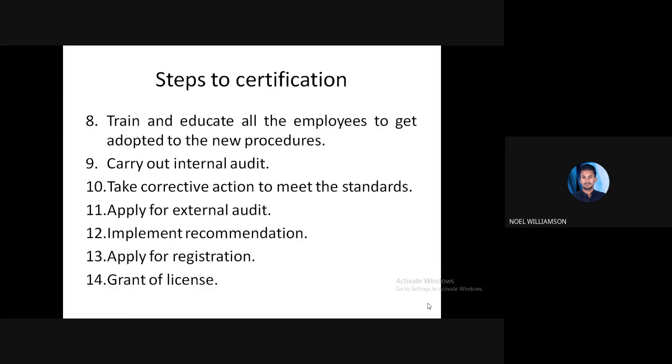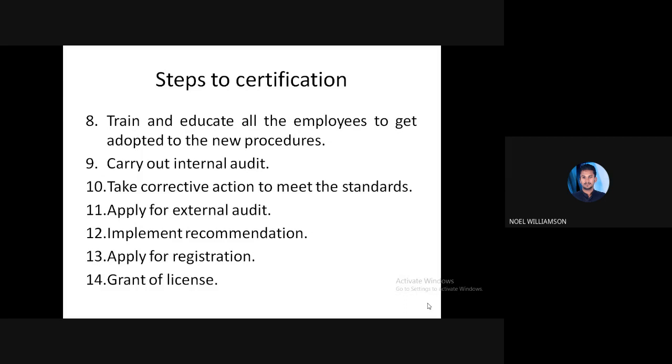So after the internal audit, using the staff from the same company, they form groups or an audit committee, and they check the requirement and how much it is meeting the standard, after which corrective actions are done.